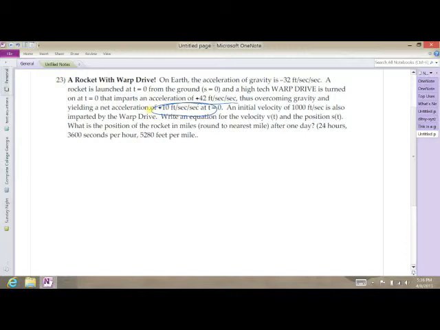In addition, an initial velocity of 1,000 feet per second is also imparted by the warp drive. So we want you to write an equation for the velocity v of t and the position s of t of the rocket, and then answer the question: what is the position of the rocket in miles, rounded to the nearest mile, after 1 day?